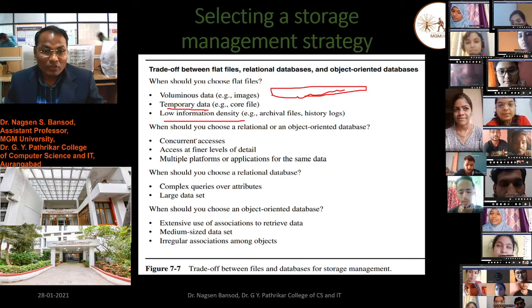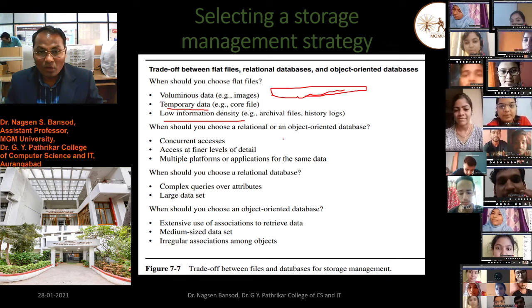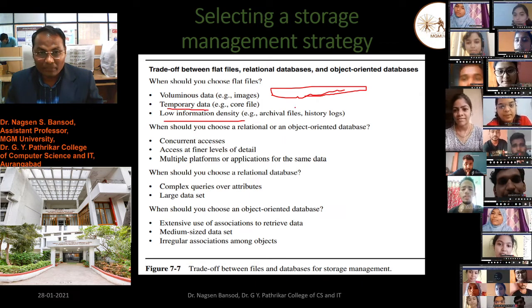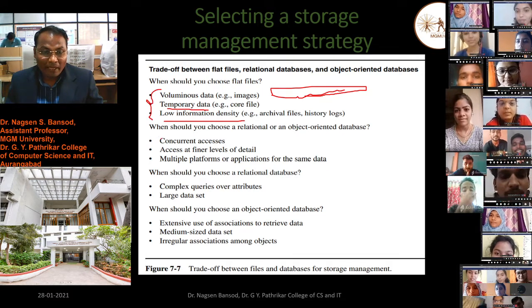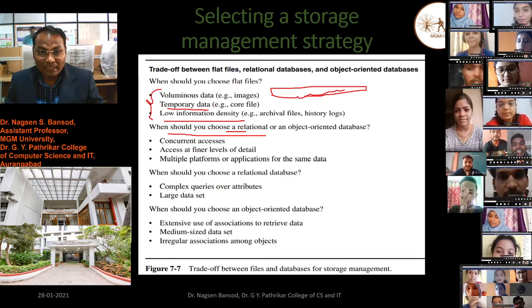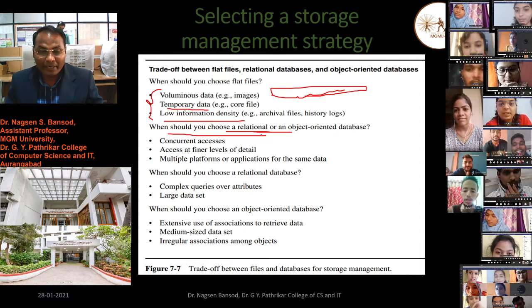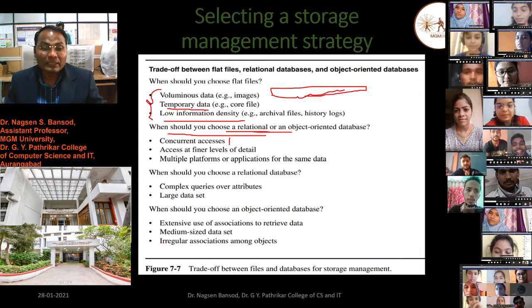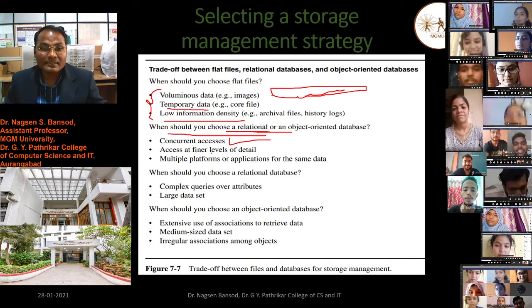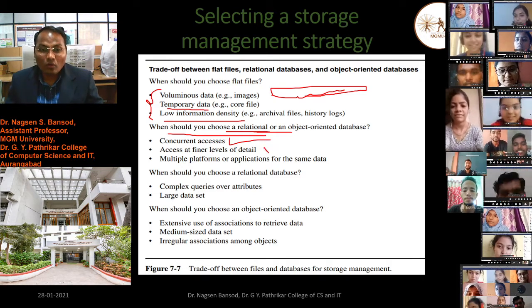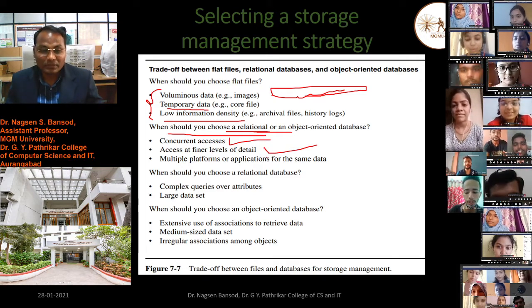logs. When should you choose a relational or an object oriented database? These three are for the flat files. And when do we use a relational database or an object oriented database? For concurrent access, we require concurrent access at a fine level of detail.